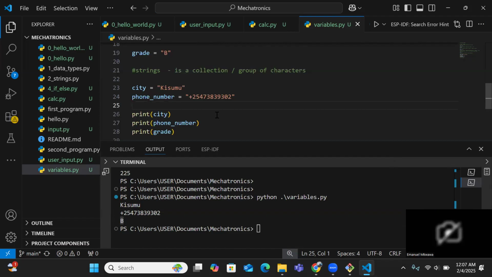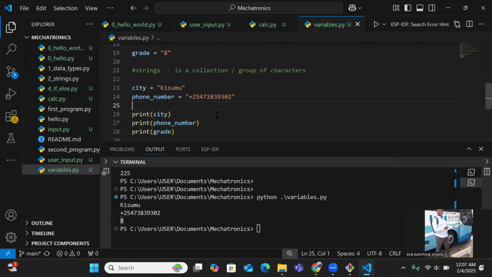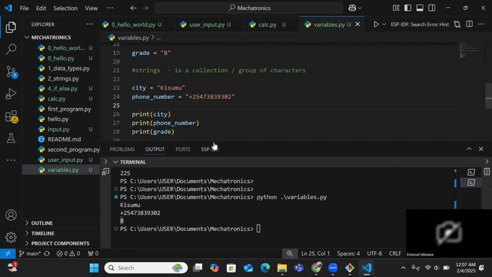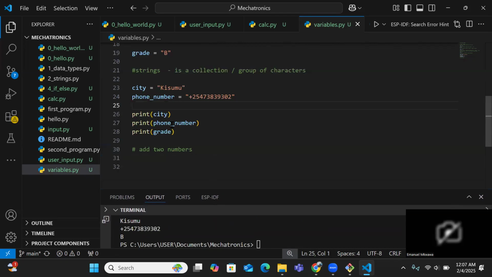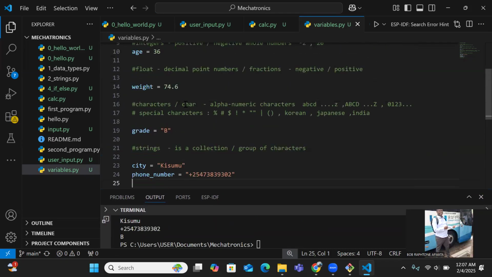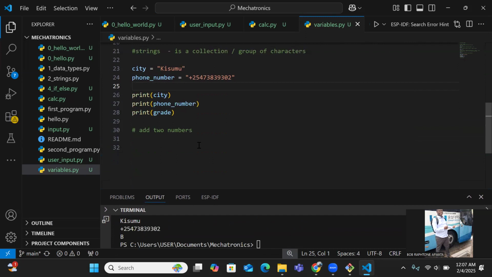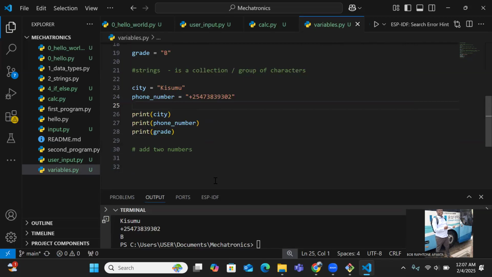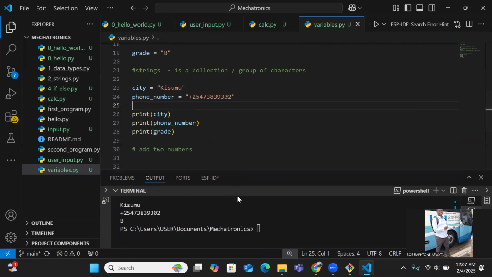Okay, and then you run it. Are you able to run it? Finishing.